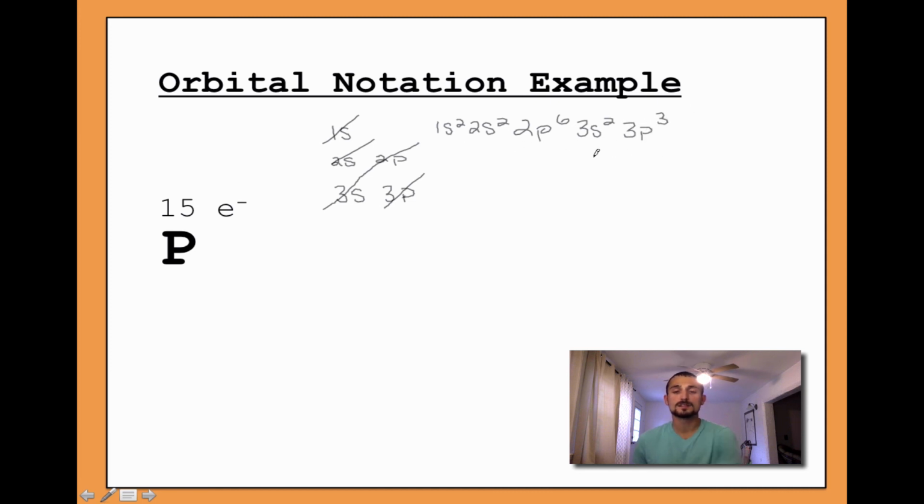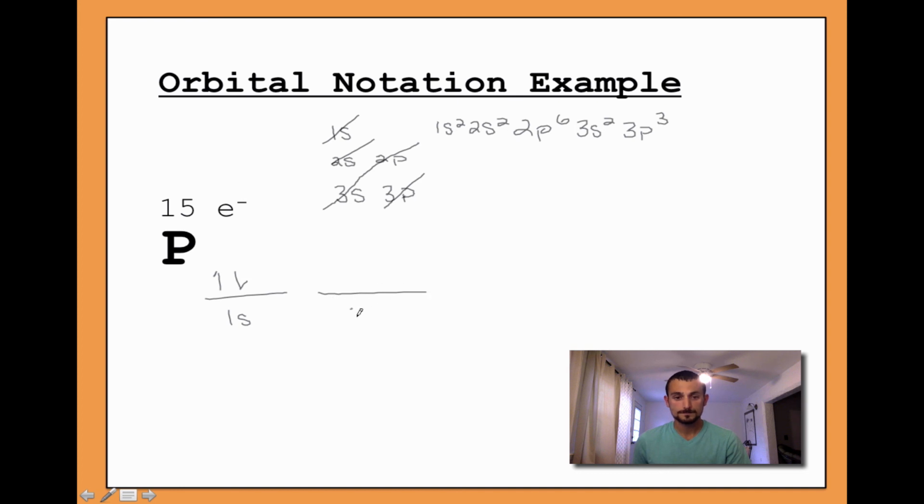So I use this as my guide for drawing my orbitals. So now I write a line, so orbitals are represented as either lines or boxes, right? 1s2, put my first electron here with an upspin, always start with an upspin, and then the next one with a downspin.